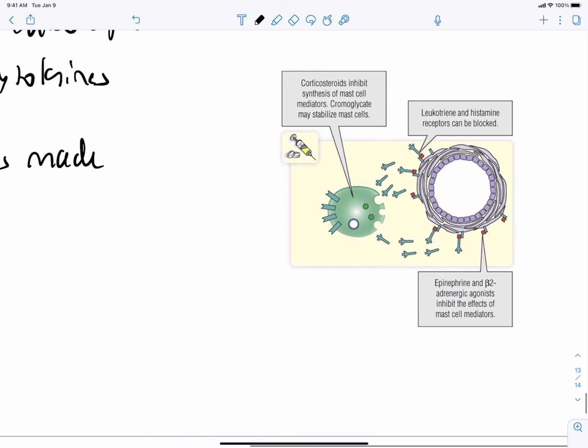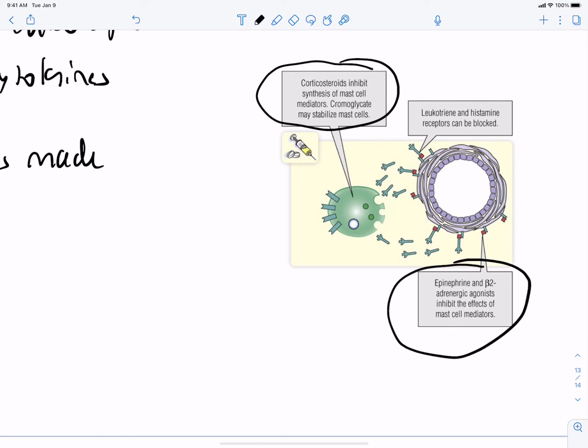Now you can have your leukotrienes, and corticosteroids are going to be given as a treatment. They're going to inhibit mast cell mediator synthesis. And then you also have immediate effects if you give epinephrine. You can have beta 2 adrenergic agonists, and these are all going to also affect the release of those mediators.